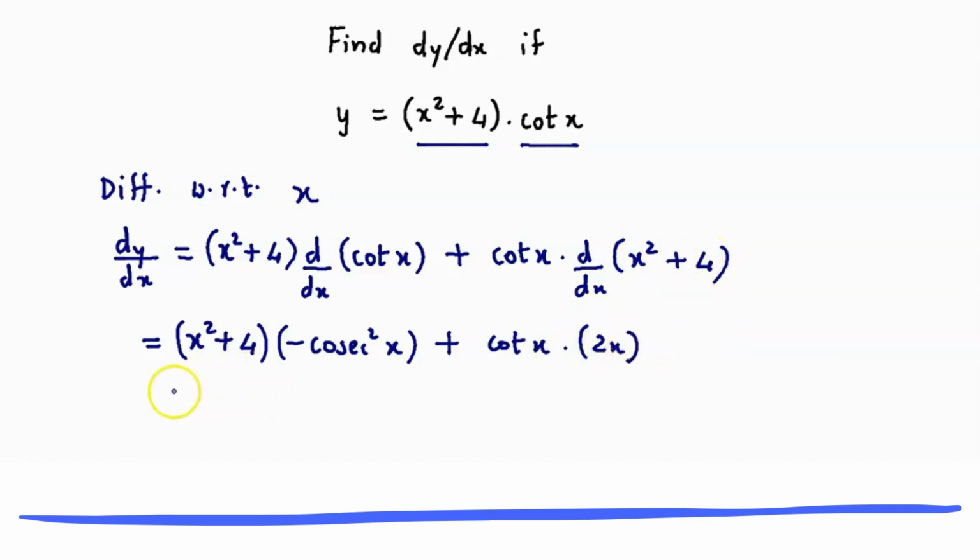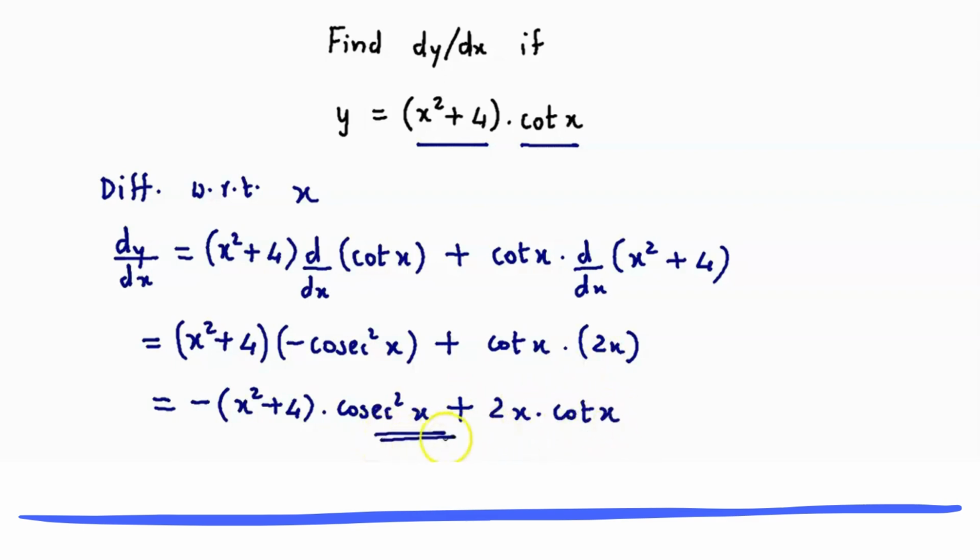So we just close the bracket. Now rearranging the terms, we put this negative sign in front. So we have minus of x square plus 4 into cosec square x plus, now this term could be written as 2x into cot x. So this is the value for dy by dx.